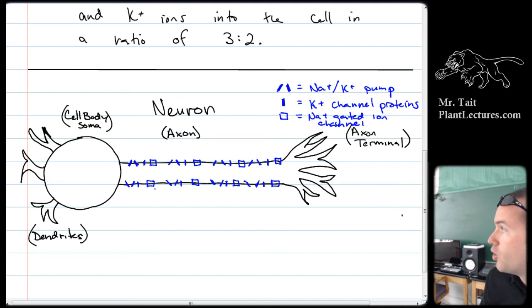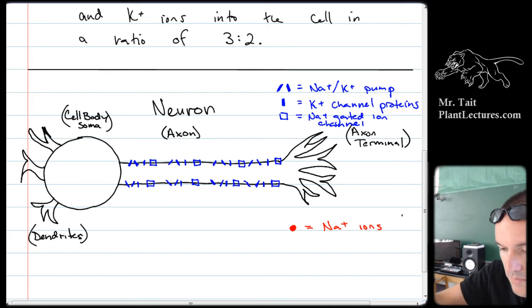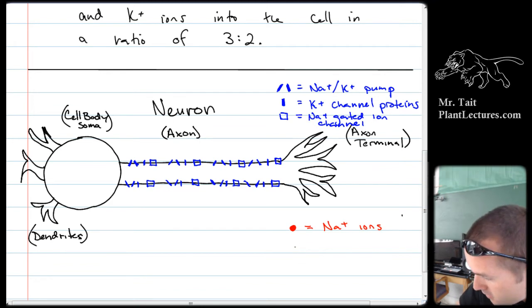The other things we're going to put in here are the red dots, which are going to be Na+ ions. The green dots, or if you don't have those, you can make triangles. We'll do triangles. Those will be K+ ions.